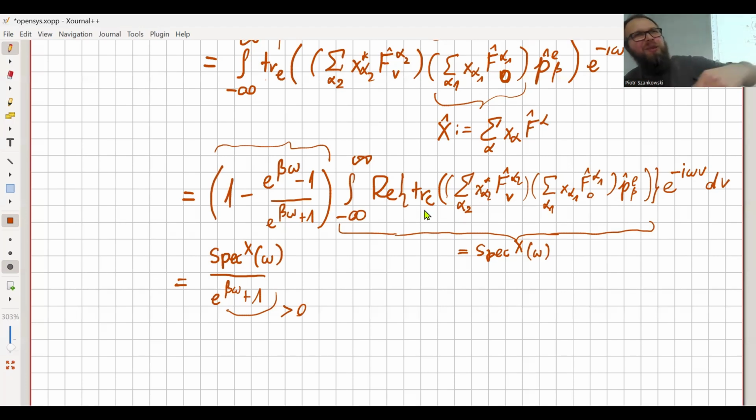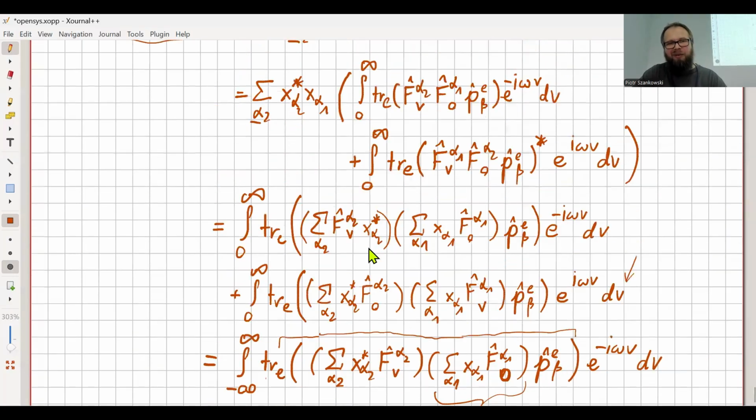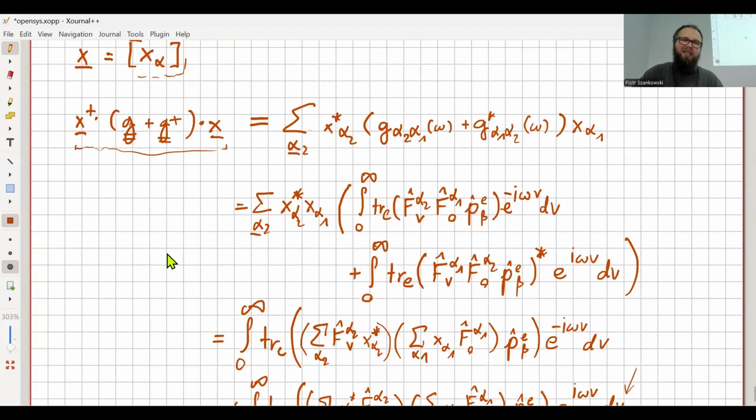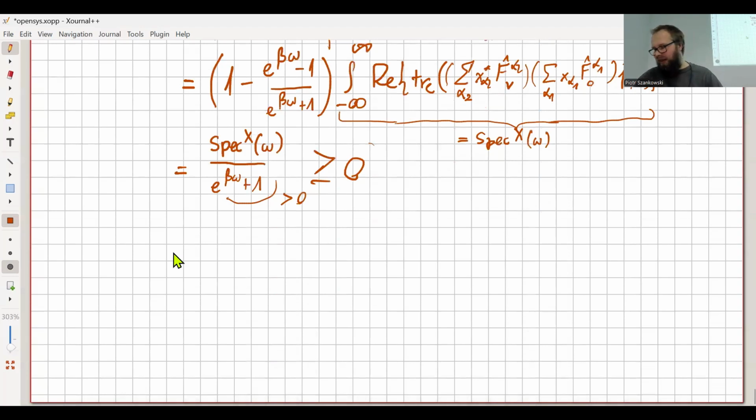And from there, you could build an engine that just decreases entropy, which would be not good. So there is a mathematical proof, but also a physical proof, which is neat, I think. So this whole thing is non-negative, which means that this matrix is also non-negative, or in other words, its eigenvalues are non-negative numbers.